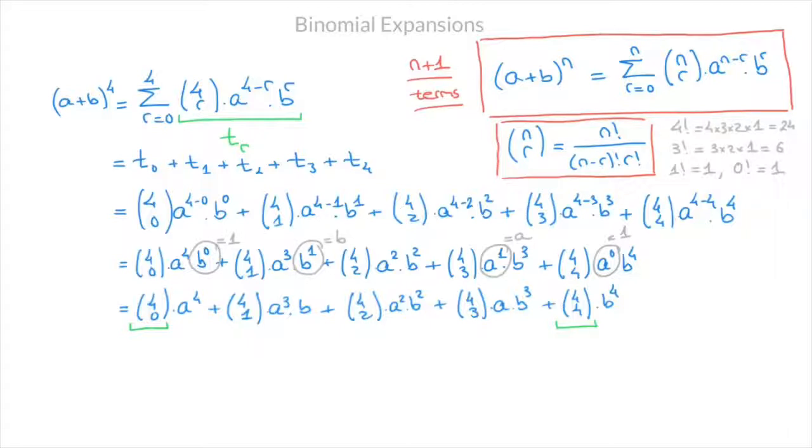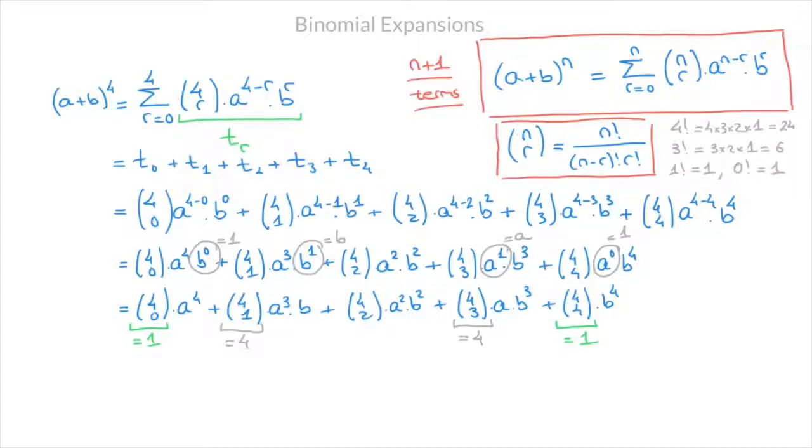So I can go ahead and state that this equals 1 and this equals 1. A second trick that will always be true: the second binomial coefficient as well as the second to last, or the one before last, will always equal the power to which we raise the binomial. So in this case, 4. So without even thinking, I can state that (4 choose 1) equals 4, and (4 choose 3) equals 4.